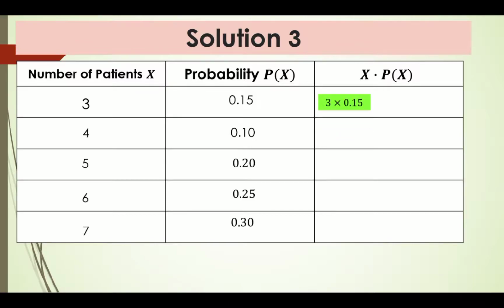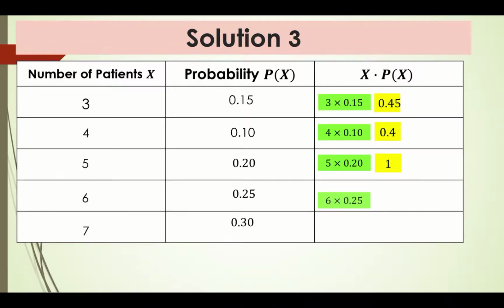First, we multiply 3 by 0.15, which is equal to 0.45. Second, we multiply 4 by 0.10, which is equal to 0.4. Then, we multiply 5 by 0.20, which is equal to 1.